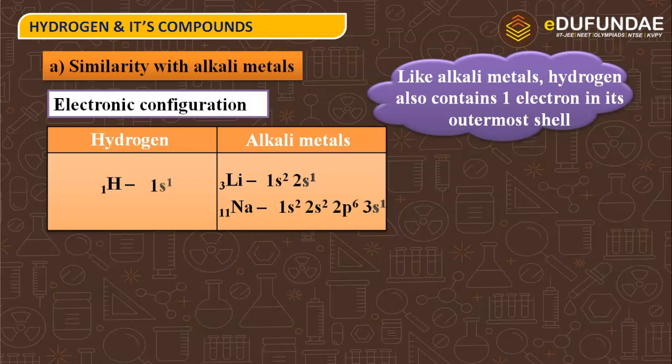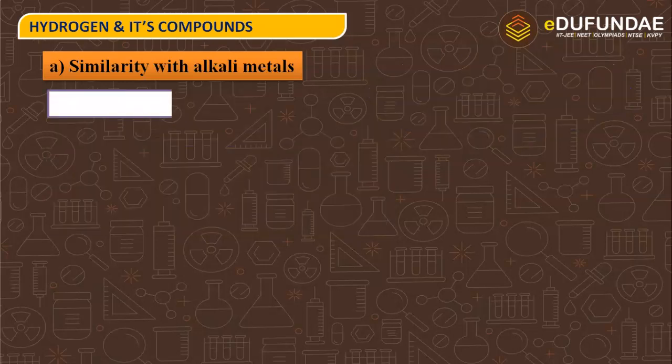Now there is one common thing in three of these, that they are having s1 valence electronic configuration. So hydrogen resembles with alkali metals.